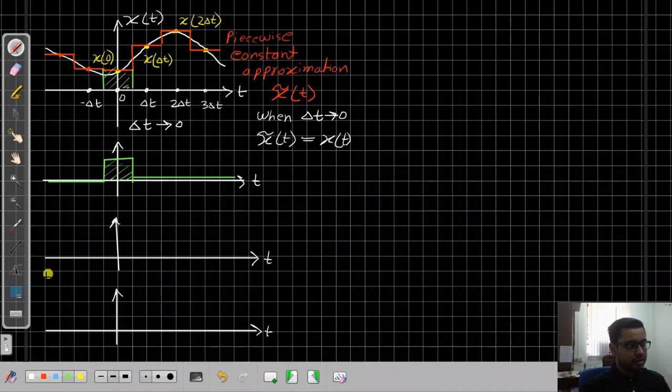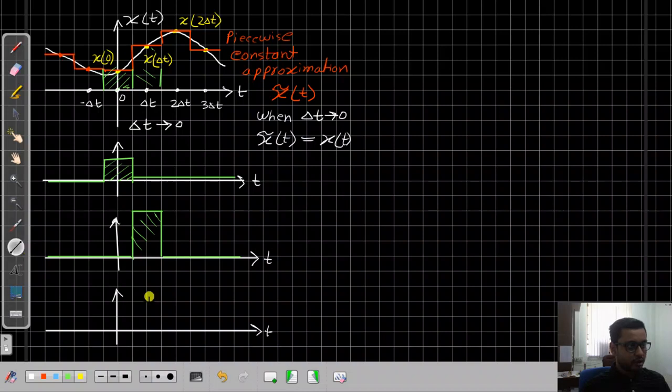Then consider this part, which I shall draw here. So this part is representing this part of the signal.